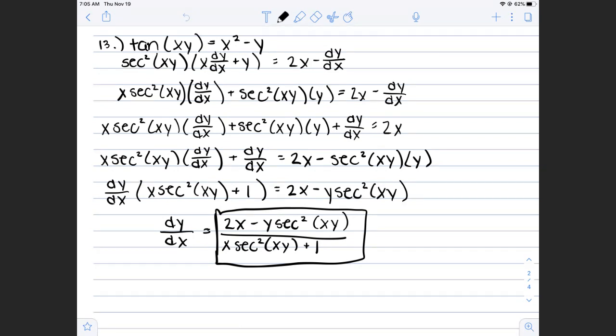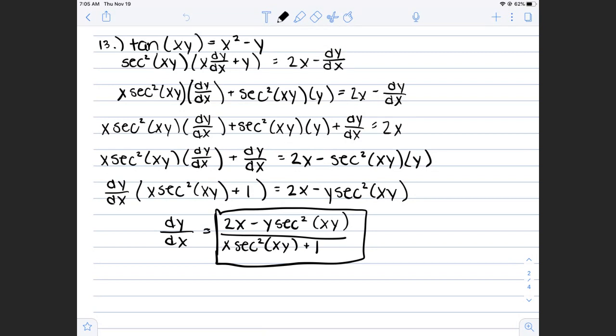After factoring out dy dx, the component in the parentheses would be x secant squared xy plus 1. And then you divide that, and your final answer for dy dx would be 2x minus y times secant squared of x times y over x secant squared of x times y plus 1.